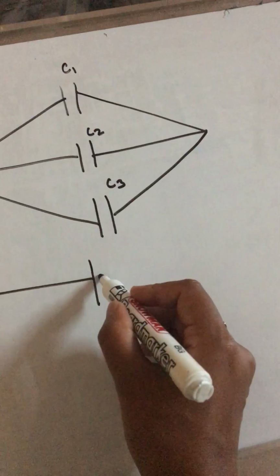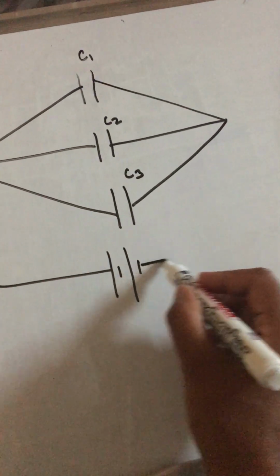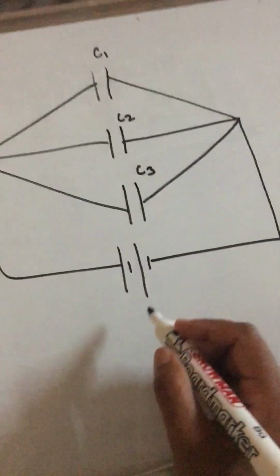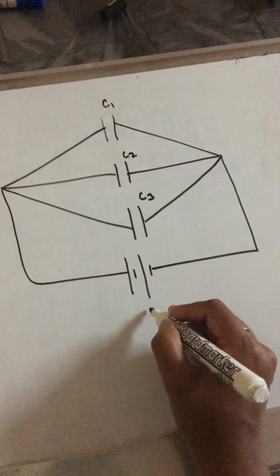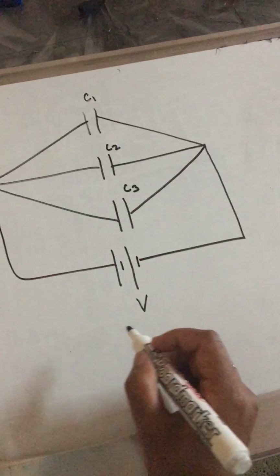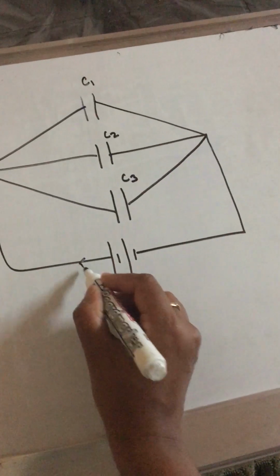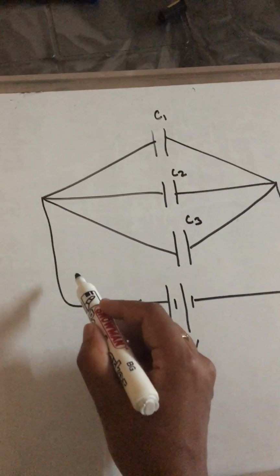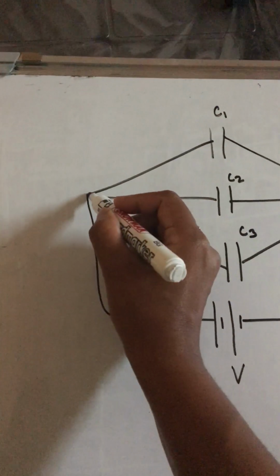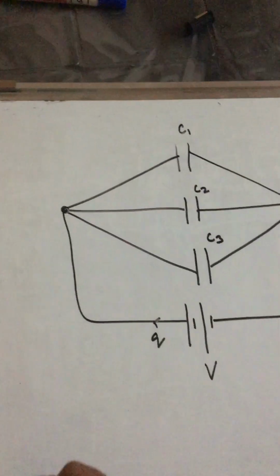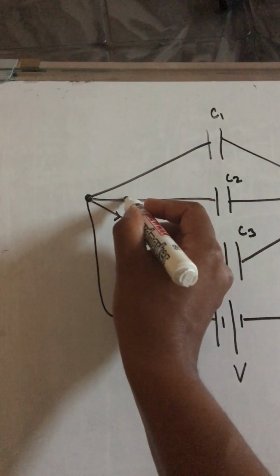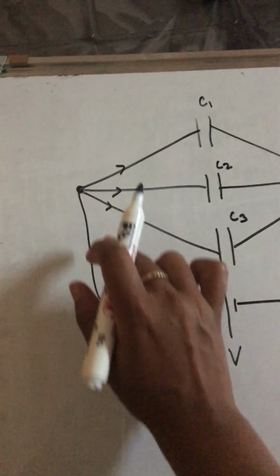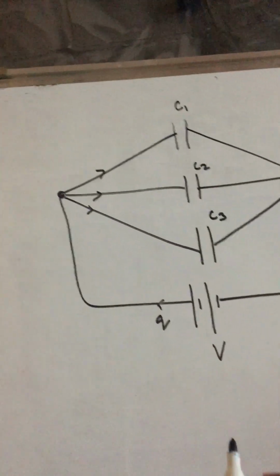Now let's see, here is a supply, and the supply gives the potential of V, and let's say a charge Q has come from here. Now when this charge goes to the junction, what will happen? The charge will have 3 ways to go, or I can say the current will have 3 ways to go.